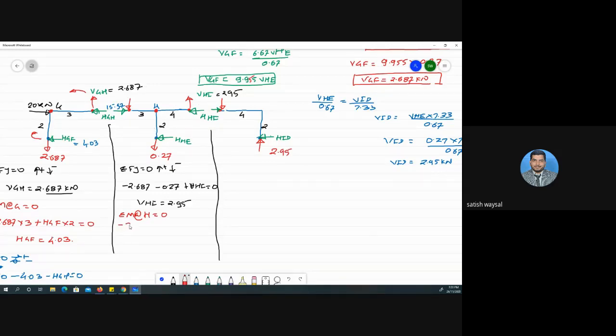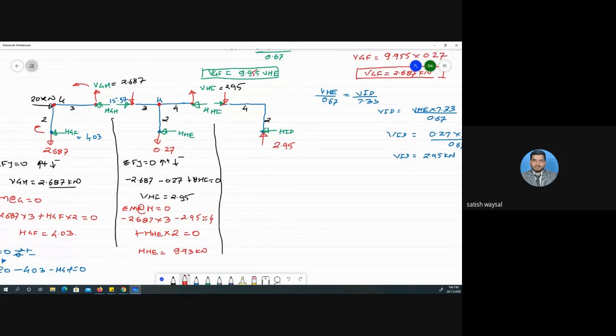So minus 2.687 into 3. Another force is this VHI, which will also move in an anti-clockwise sense, minus 2.95 into 4 plus HHE into 2 is equal to 0, and that will give you HHE is equal to 9.93 kilonewton.